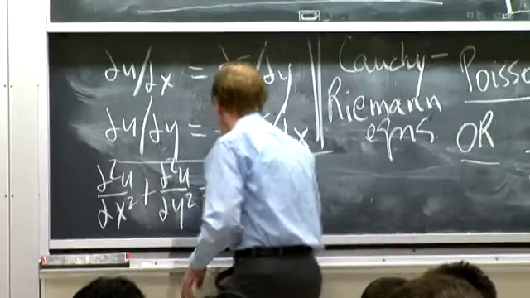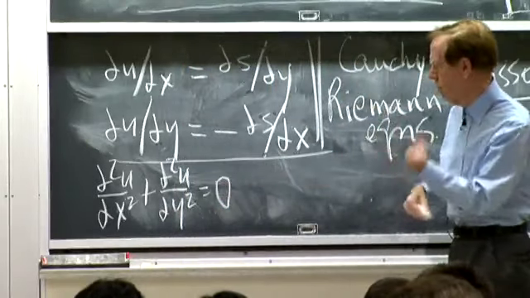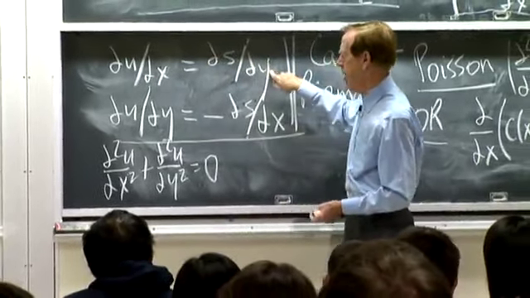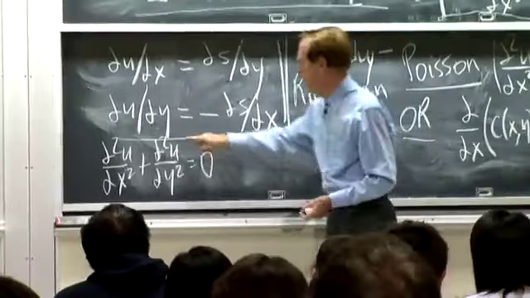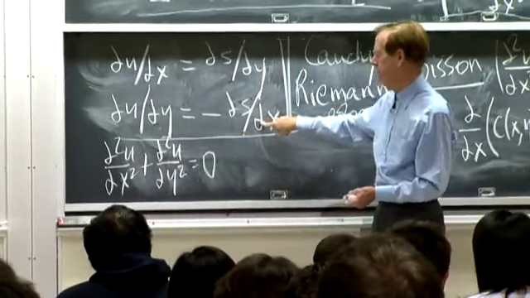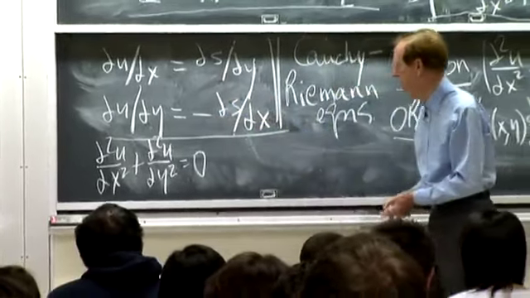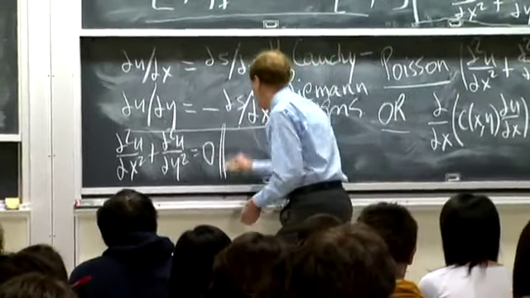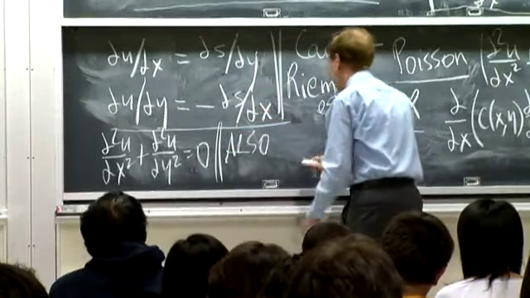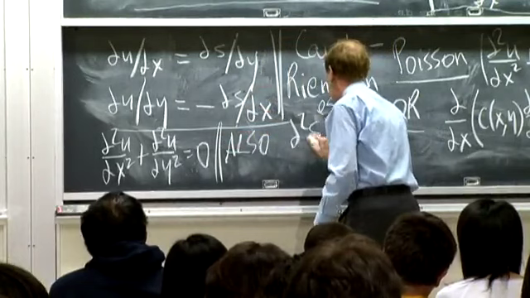Shall I go through that verbally again? I take the x derivative of this, which gives me the cross derivative of s. This asks me to take the y derivative, so I get the cross derivative again with the minus sign. They add to 0. I also want to point out that s satisfies Laplace's equation. Can we do that one?